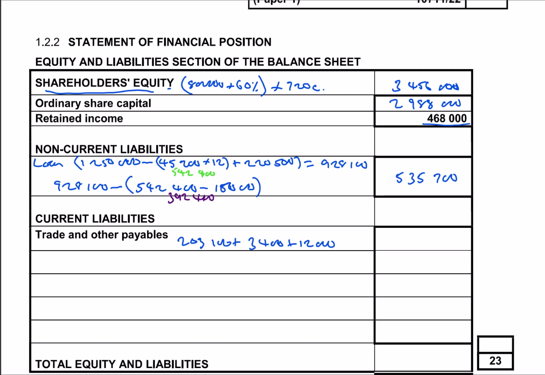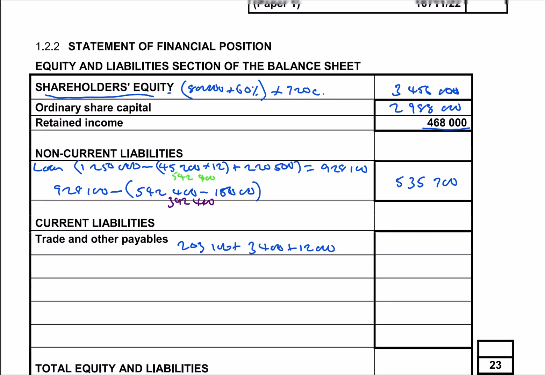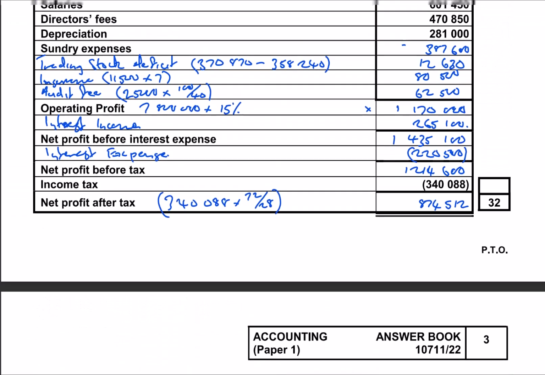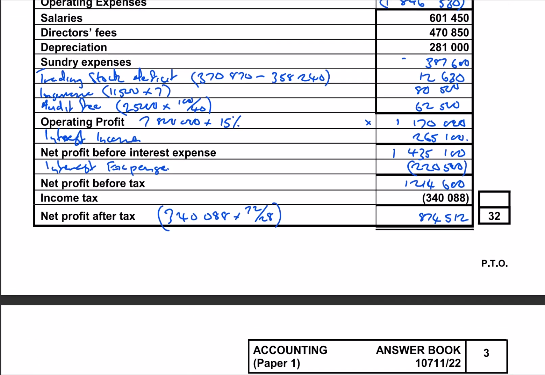There's only one accrued expense that we calculated, coming from audit fees. So this should be 62,500 minus 25,000.